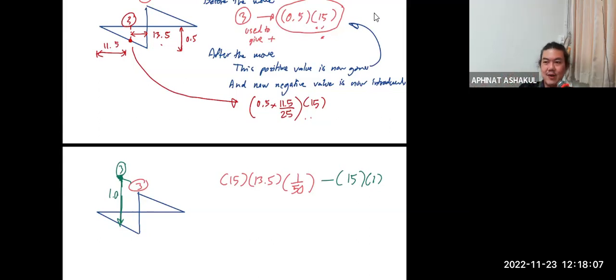Now, whichever you like more, you can use it, because it should give you the same result. This is very convenient, if you ask me, because now you put every load, multiply by the distance it moves, and the slope, and then bring it all down here by the extra term.